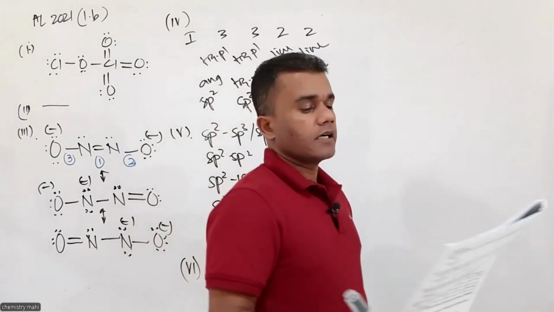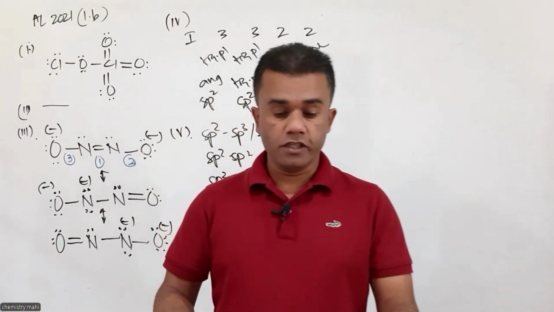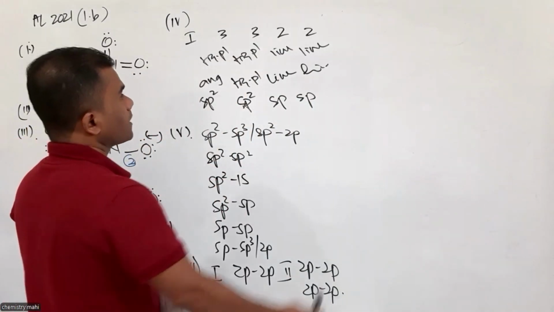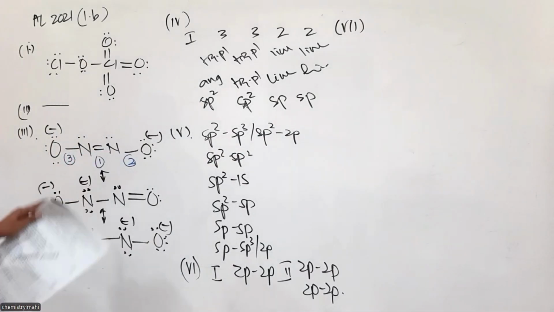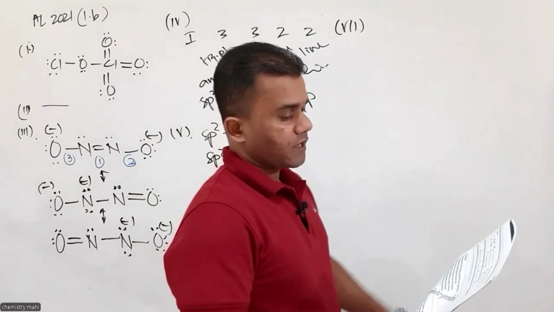All right, next one: state the approximate bond angles around N1, C2, C3, N4. I hope you have the structure there. It's a different structure, but you have it.